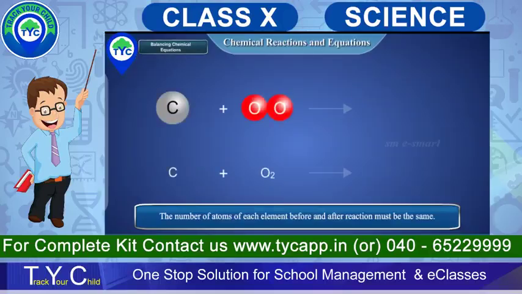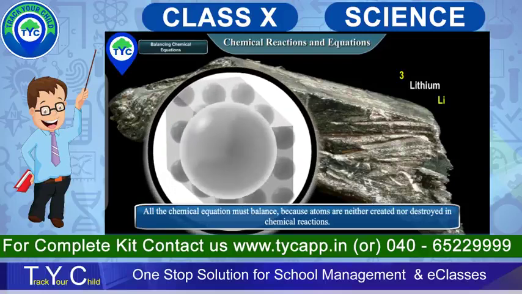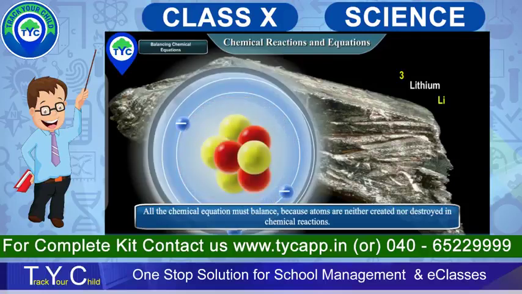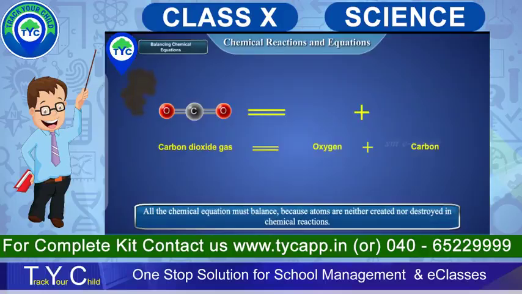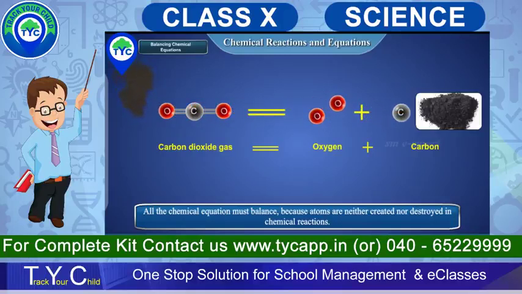The number of atoms of each element before and after the reaction must be the same. All chemical equations must be balanced because atoms are neither created nor destroyed in chemical reactions.